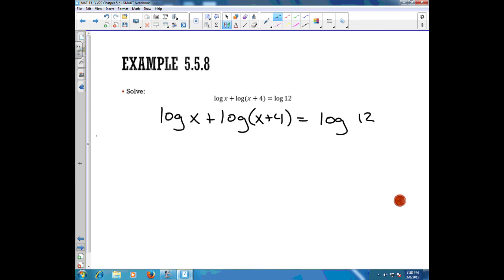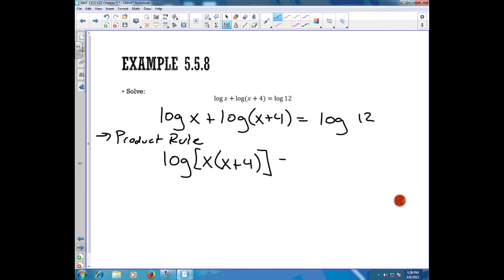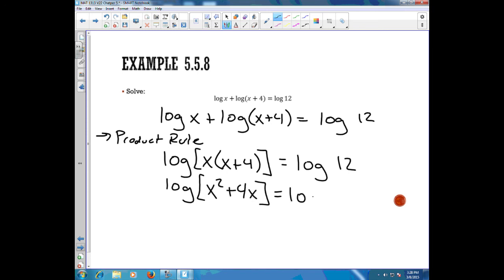If we use the product rule, we can rewrite the left-hand side as log x times x plus 4. Right, just multiplying the two together. And that's equal to log of 12. And so what we get is log x squared plus 4x is equal to log 12.